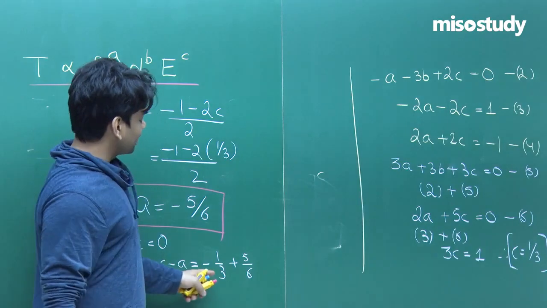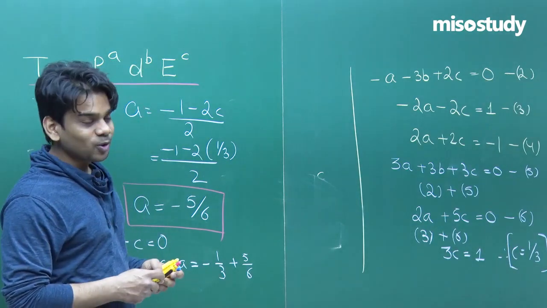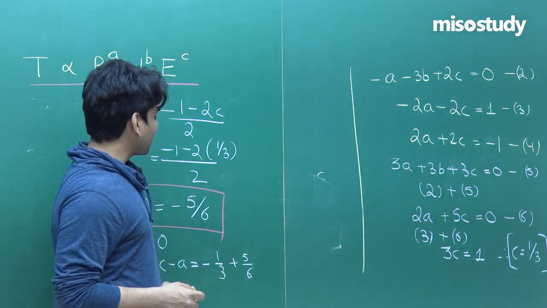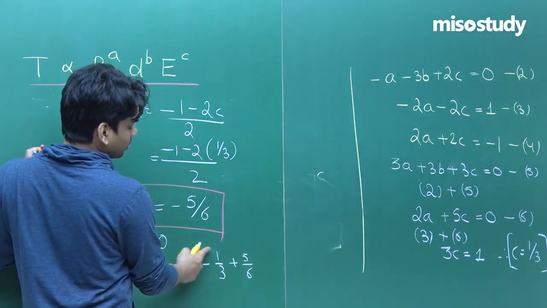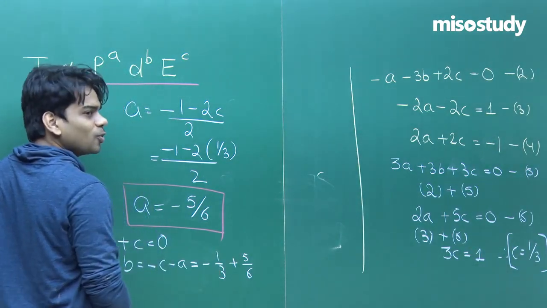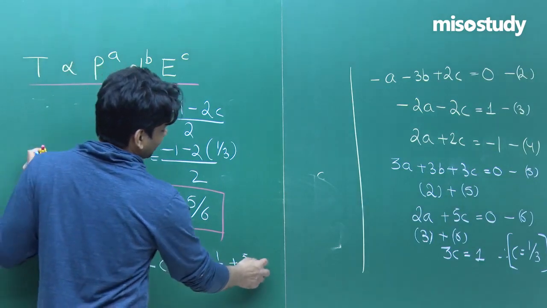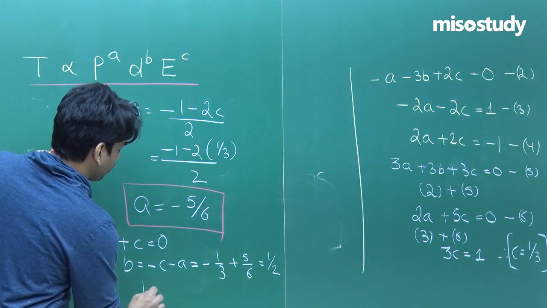You try to evaluate this, this will come out to be 5 by 6 minus 1 by 3. So this can be written as 2 by 6. So minus 2 by 6 plus 5 by 6, you will be having plus 3 by 6, that will be equal to 1 by 2. So B comes out to be 1 by 2.